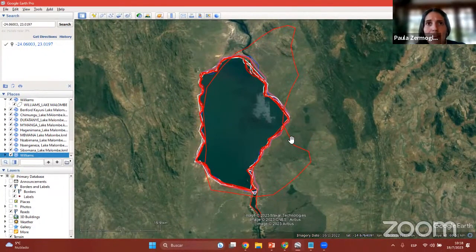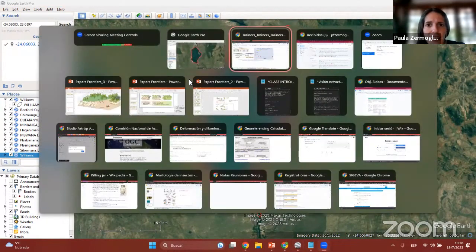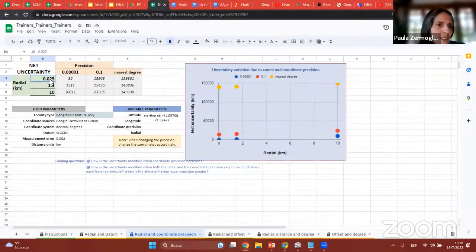So one of the take-home messages here is that we have to be very careful in determining the boundaries, the extent of the different features. Because in the example, it was pretty exaggerated, from 20 meters to 10 kilometers. That's a very big difference.